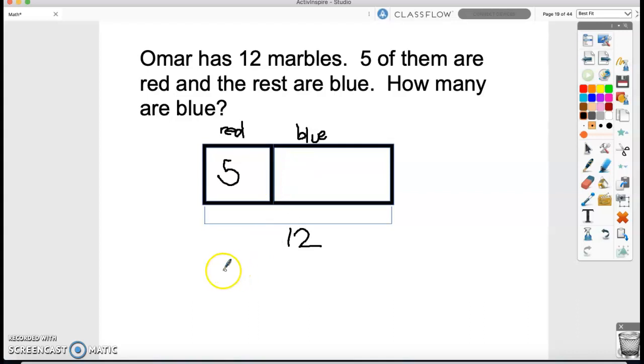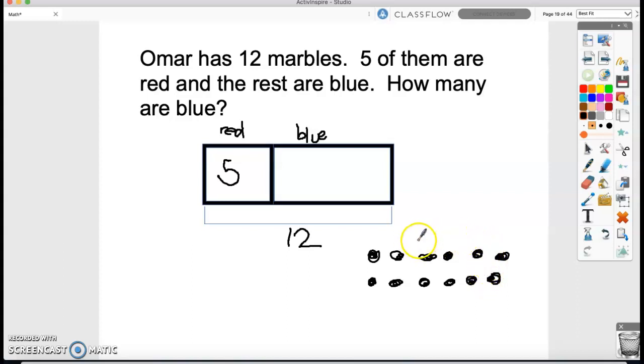So I'm going to draw 12 marbles. 1, 2, 3, 4, 5, 6, 7, 8, 9, 10, 11, 12. And it says 5 are red.